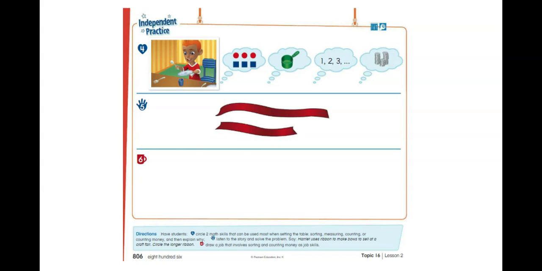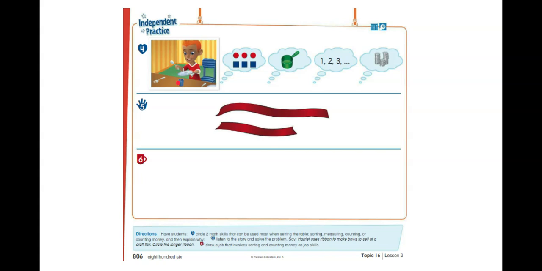Now we're going to problem number 4. Turn your page to 806. On problem number 4, it says, circle 2 math skills that can be used most when setting the table. Do we use sorting, measuring, counting, or counting money?